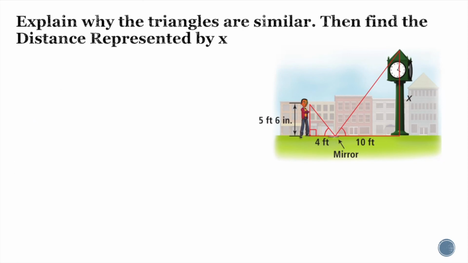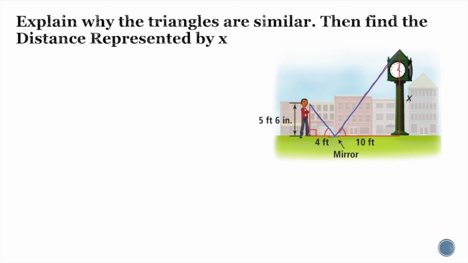Here, explain why the triangles are similar, then find the distance represented by x. Same thing. We have light entering this mirror, and the light that's entering this mirror exits at the same angle.